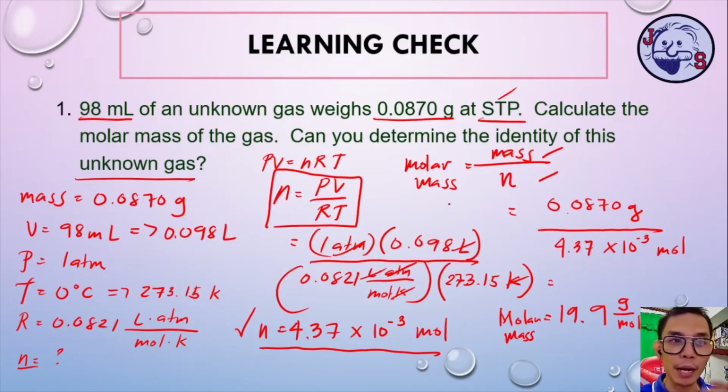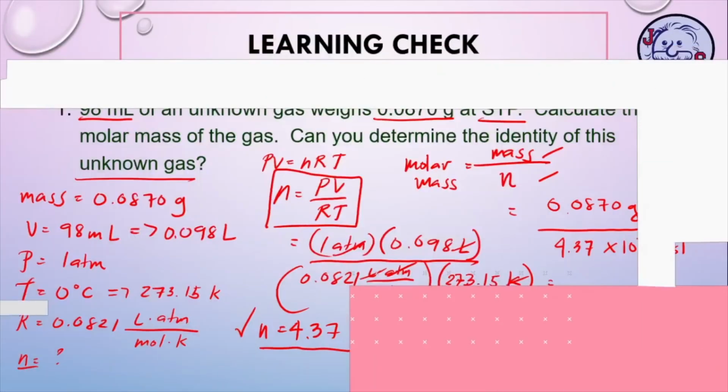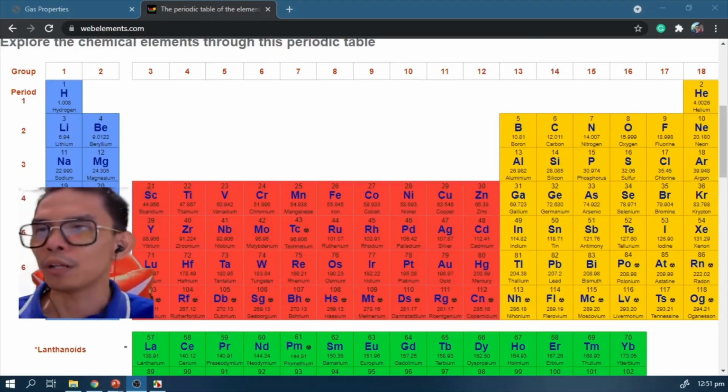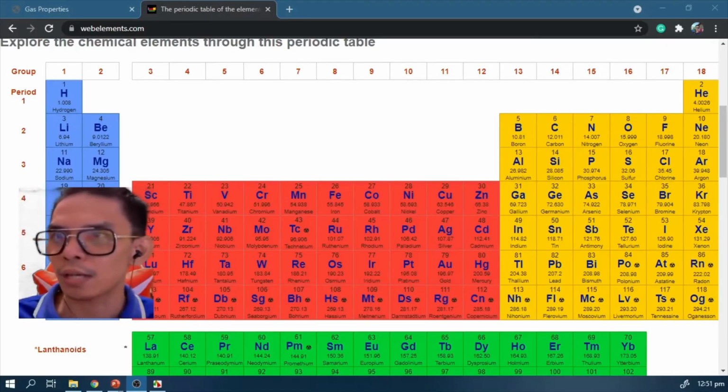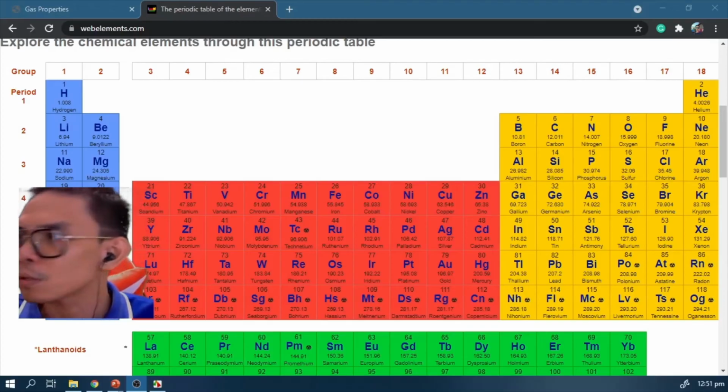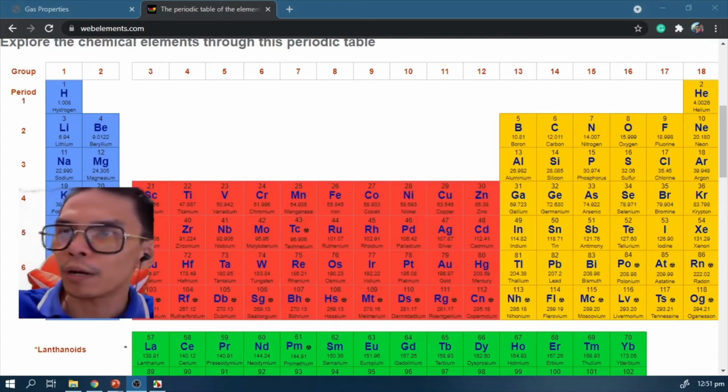Can you determine the identity of the unknown gas? Let's take a look at the periodic table. What is this gas?